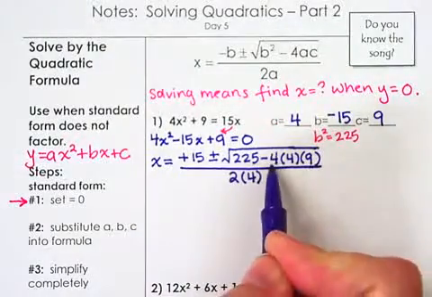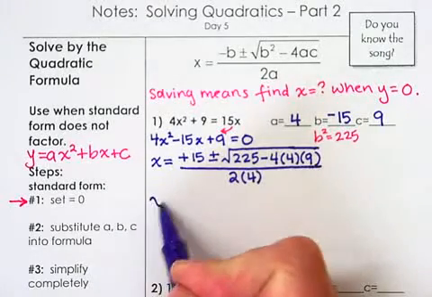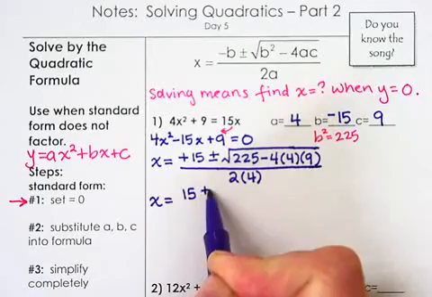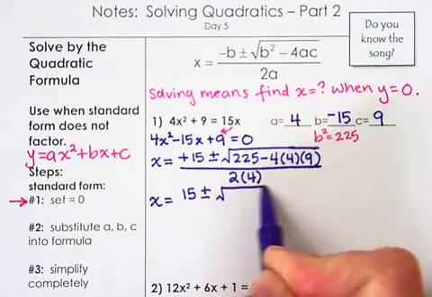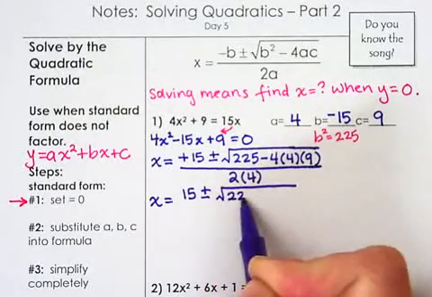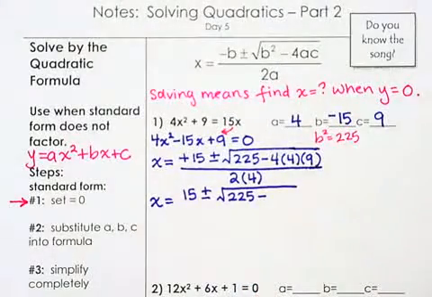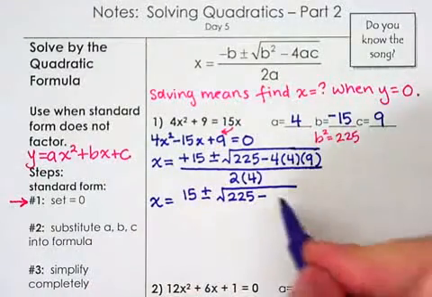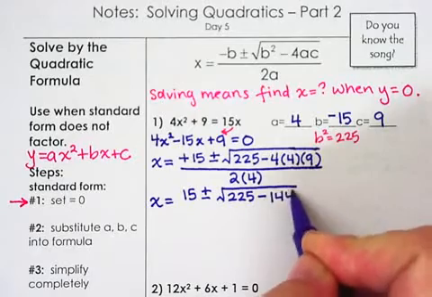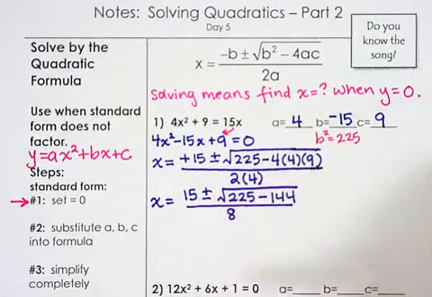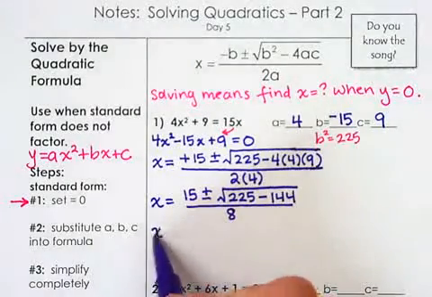So I'm going to go ahead and simplify inside the radical first. So x equals, bring down my 15, plus or minus the square root of 225 minus, and then 4 times 4 times 9. 4 times 4 times 9 is 144. All over 2 times 4, which is 8. Okay, and then we'll simplify this one more time.